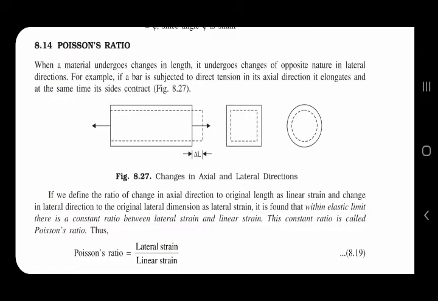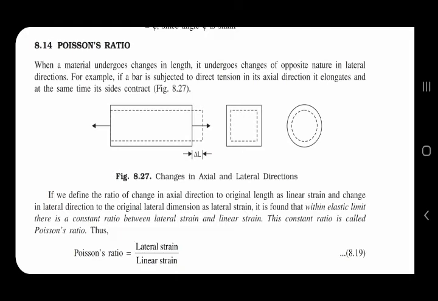In the last lecture we had seen the Poisson's ratio, that is when a material undergoes a change in length, it undergoes a change of opposite nature in the lateral direction as well as the longitudinal direction. We have seen the example of a bar subjected to direct tension.